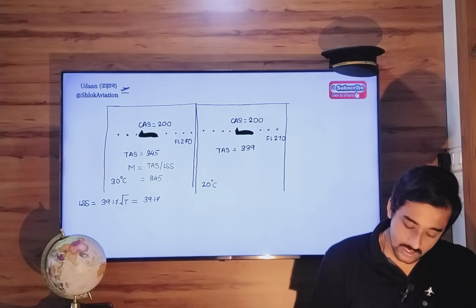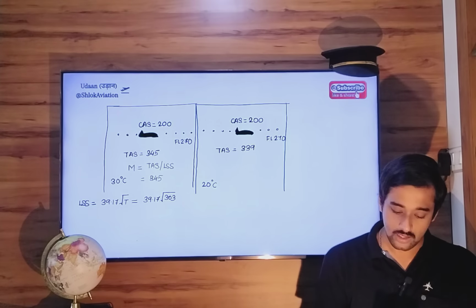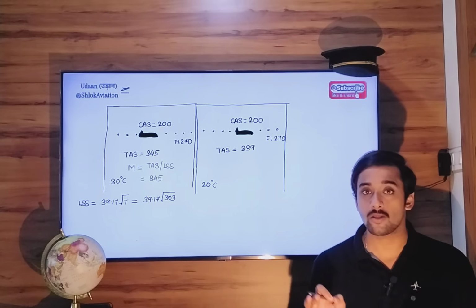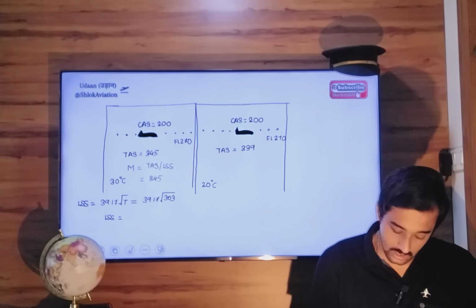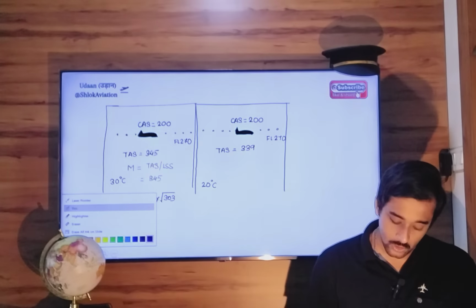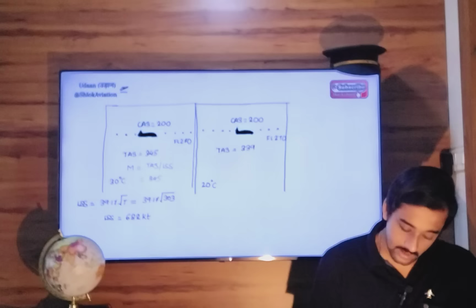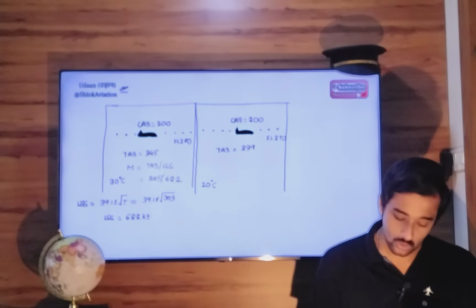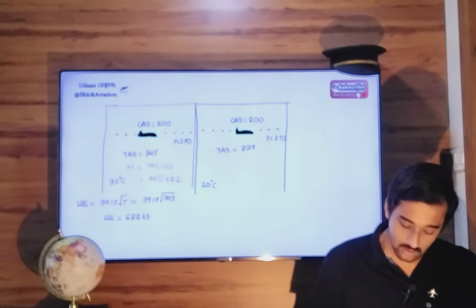So 39.17 into square root of 303 Kelvin, which is 681.8, or local speed of sound 682 knots. So to calculate Mach number, TAS divided by local speed of sound, 345 divided by 682, that is 0.5.